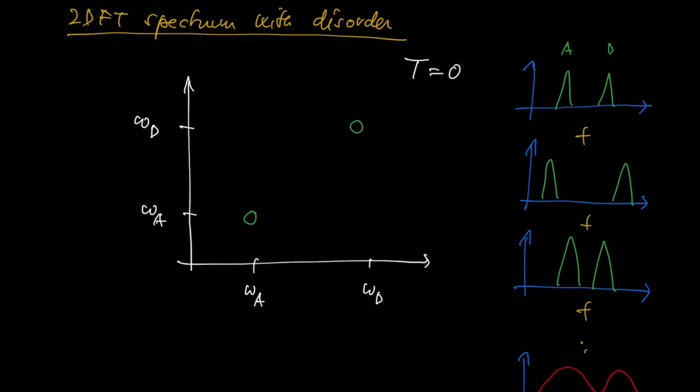In the second case, we will have the energy of A lower, so it has to go here because it absorbs and emits at a frequency that is lower than the average. But for D, the donor, we have higher energy, so we see the peak here.